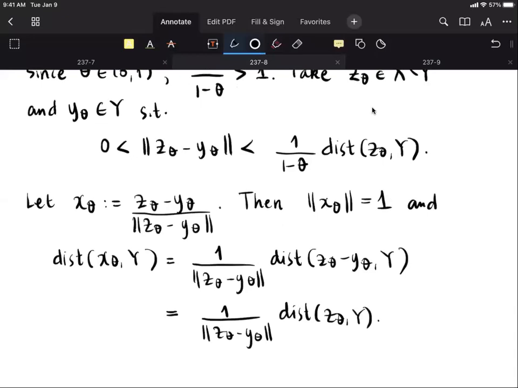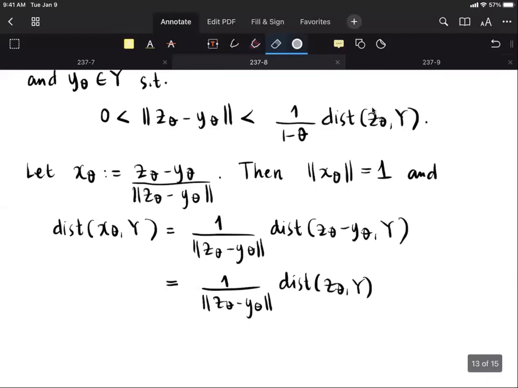And according to this, if we divide this quantity on both sides of this inequality and then put this on the other side, you end up with the following inequality. So this should be greater than 1 minus theta.